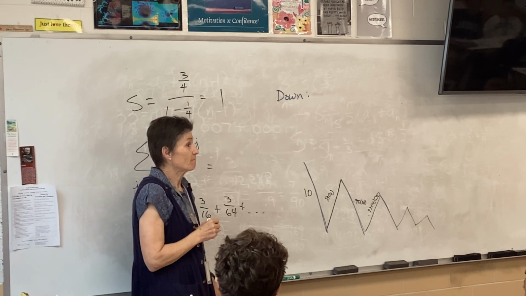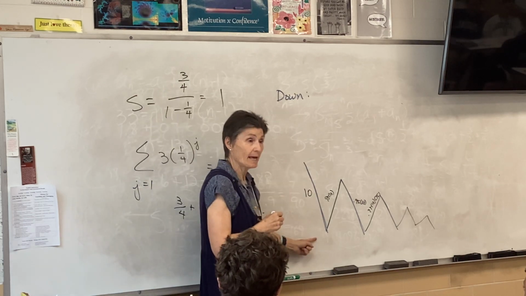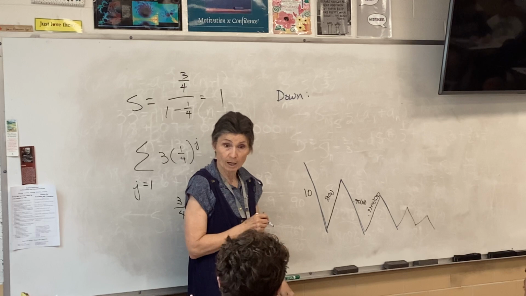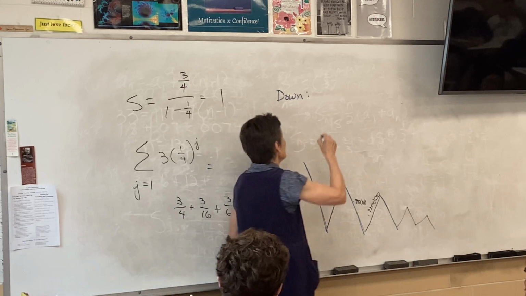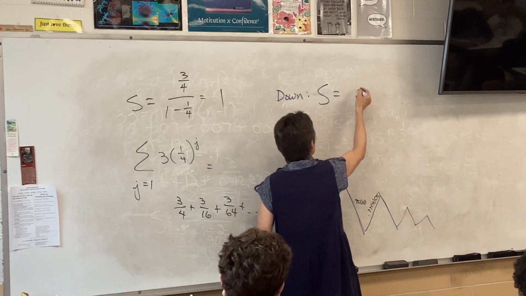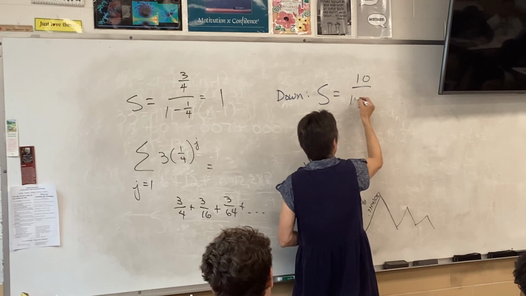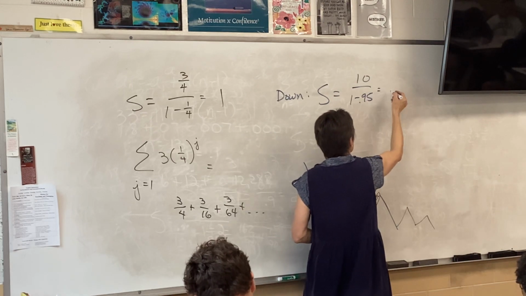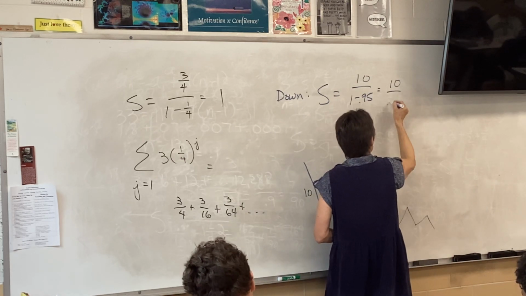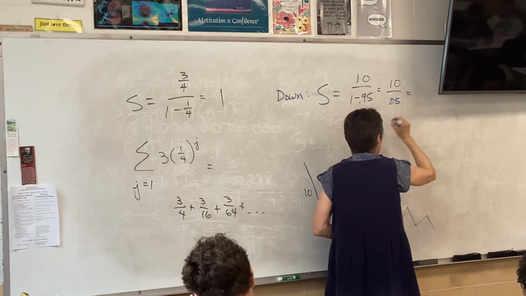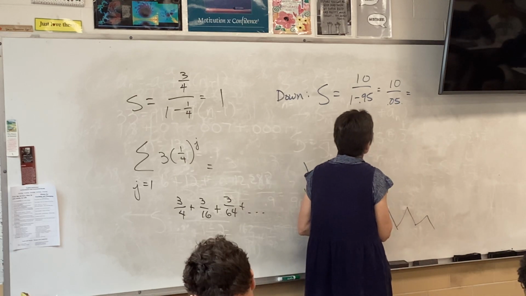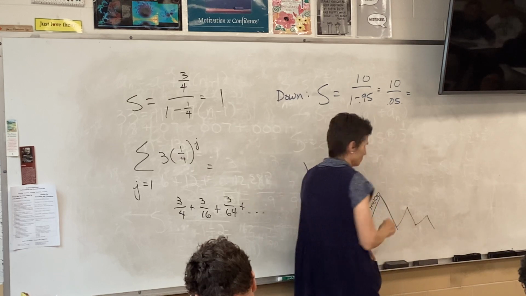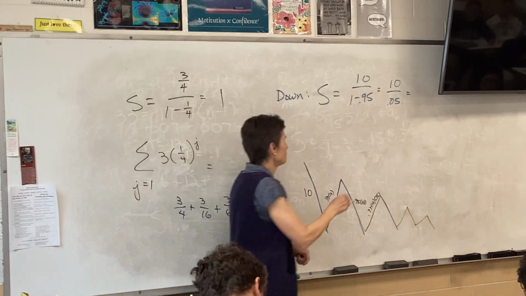Yep, with a first term of 10 and a ratio of 0.95. So just the downs would be 10 over 1 minus 0.95, or 10 over 0.05, which is what? What is that? 200.